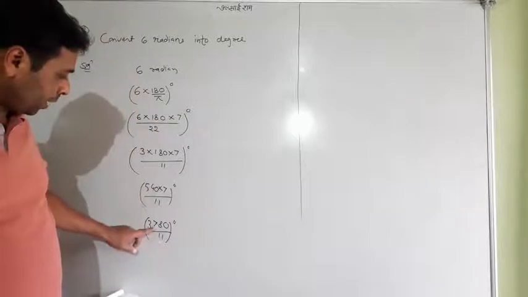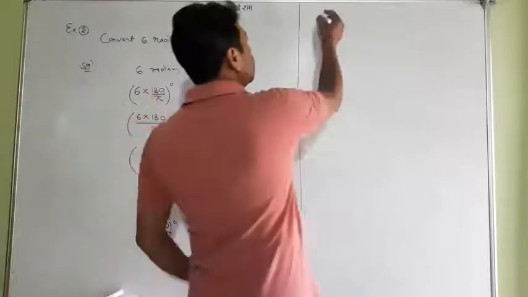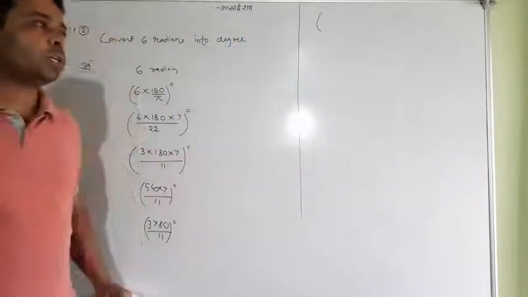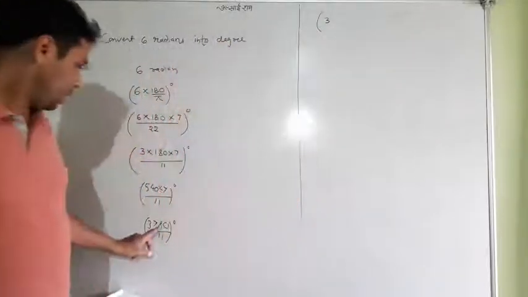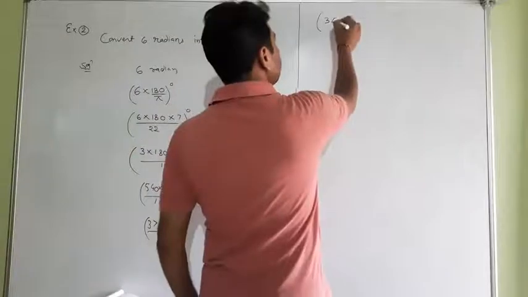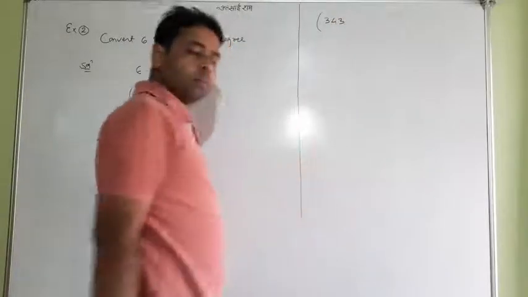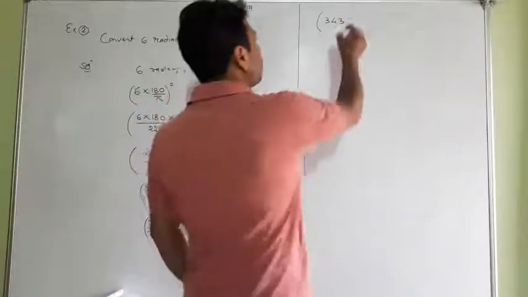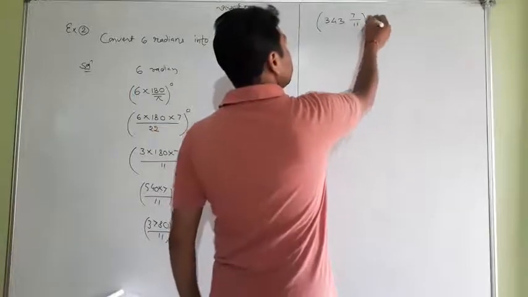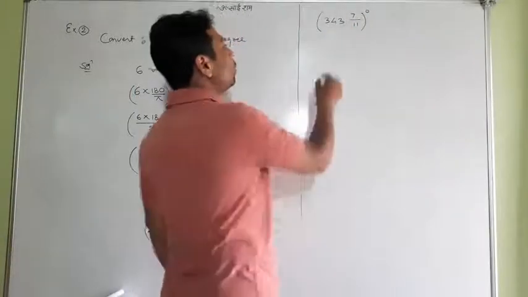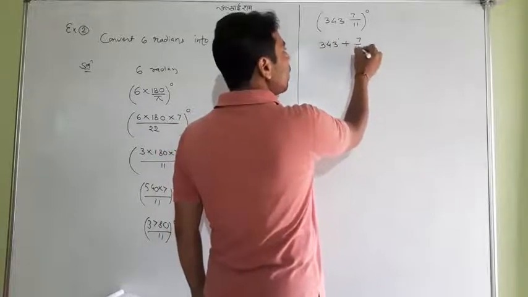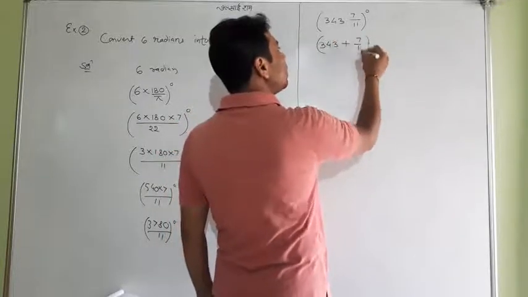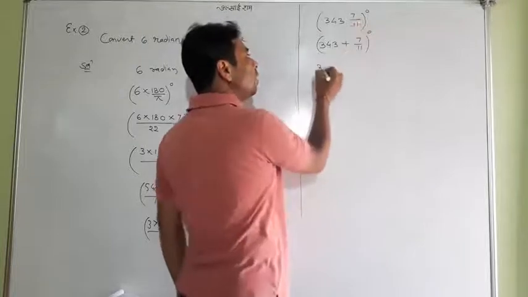So okay, we will divide, and first you convert into a mixed fraction. 11 3s are 33, 11 4s are 44, 11 3s are 33, 7 upon 11. This is now degrees. You remember, 343 degrees and 7 by 11, I just write this portion like that.